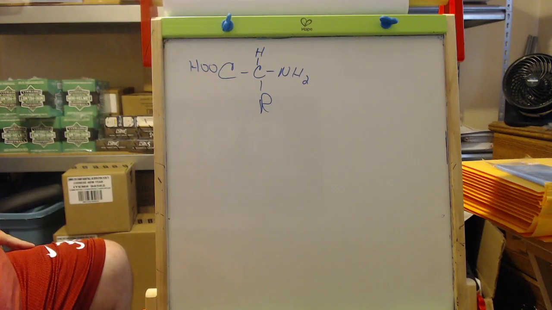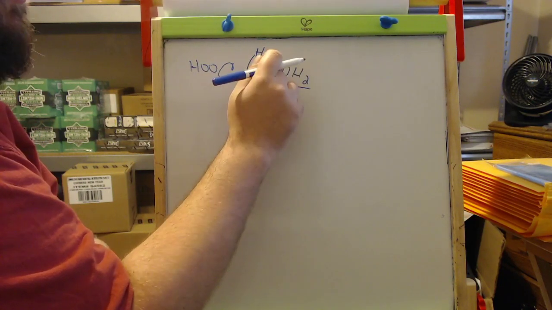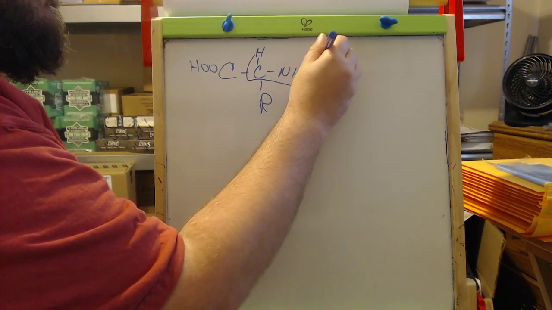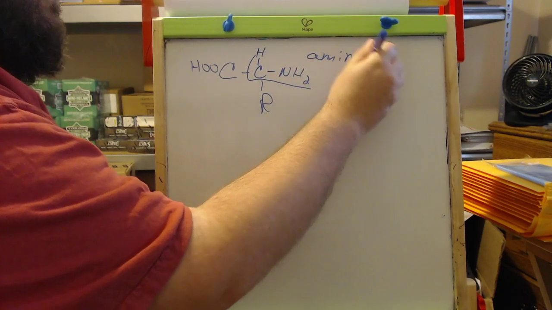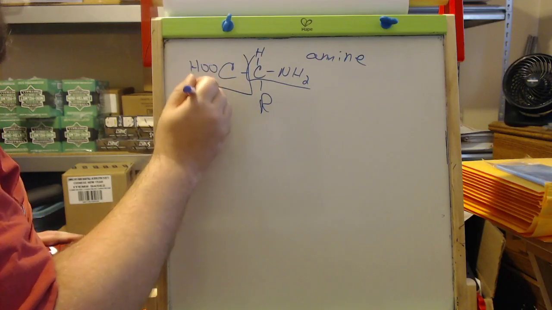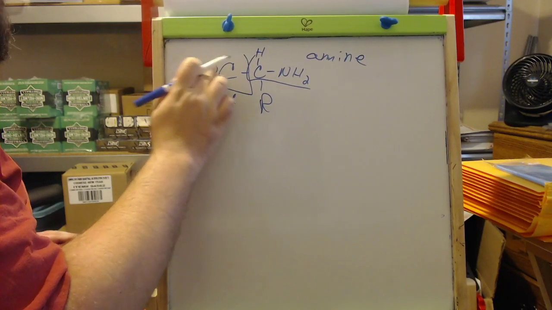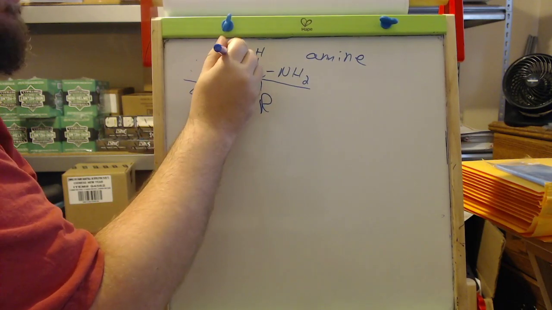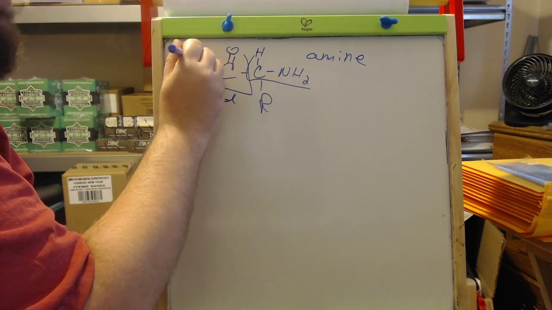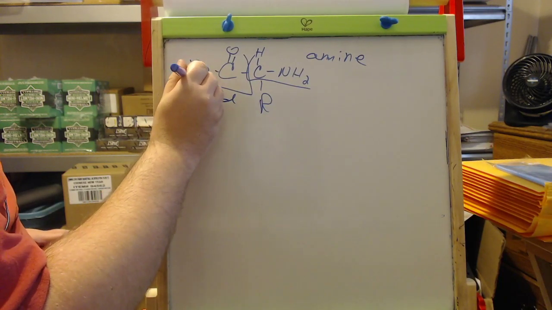And I said, well, okay, let's look at it. In organic chemistry, a carbon bonded to an NH2 is an amine. And a carbon bonded to a COOH is a carboxylic acid. Because this is really this. If you want to break the COOH down and take it from the inorganic way to the organic way, it looks like that. This is our carboxylic acid.